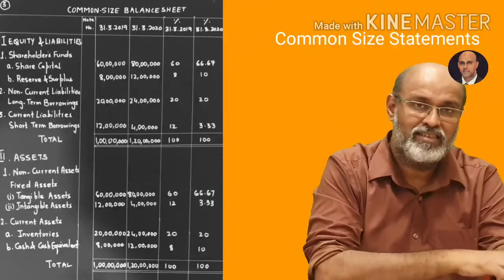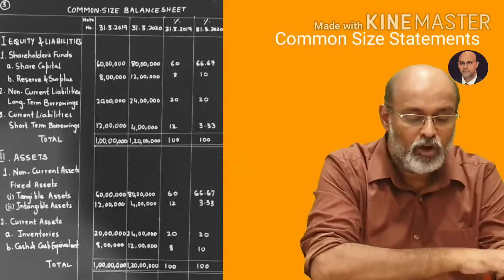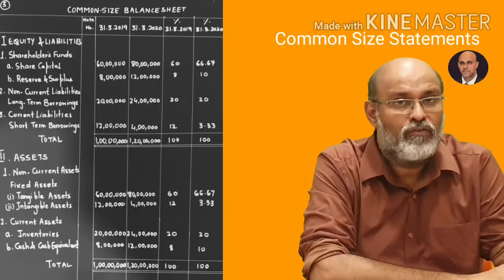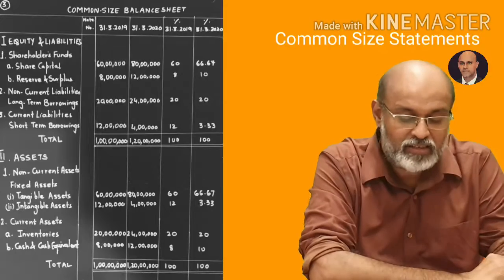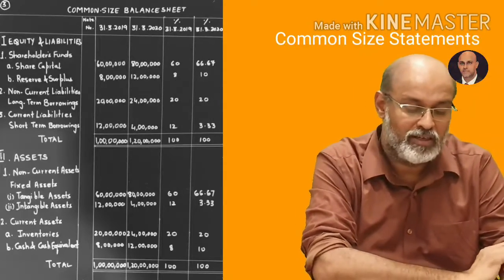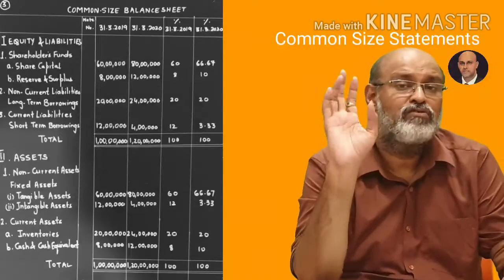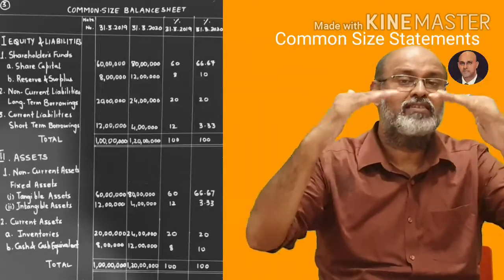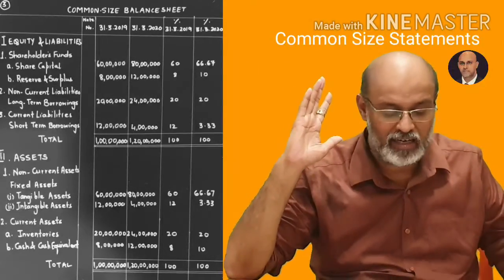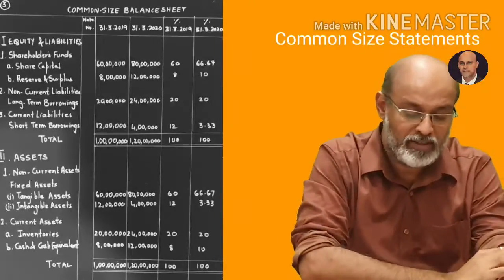Let us go to the assets. Your assets, your non-current assets, your fixed tangible assets are 80 lakhs. So 80 lakhs upon 1 crore 20 lakhs into 100, which is 66.6%. Then we have intangible assets, which is 4 lakhs. So 4 lakhs divided by 1 crore 20 lakhs multiplied by 100, that is 3.33%.